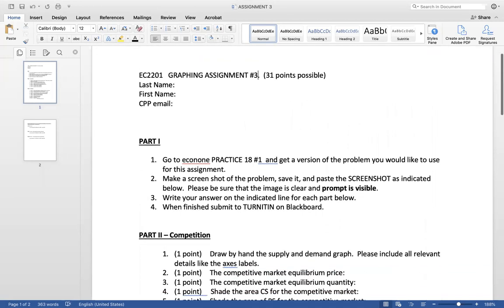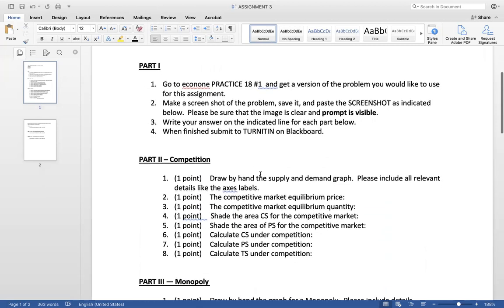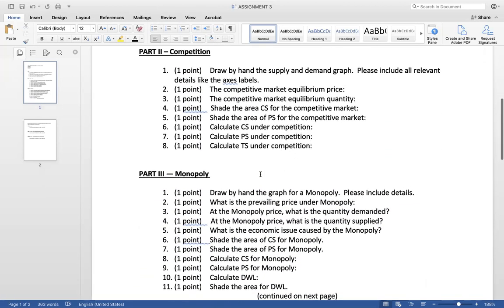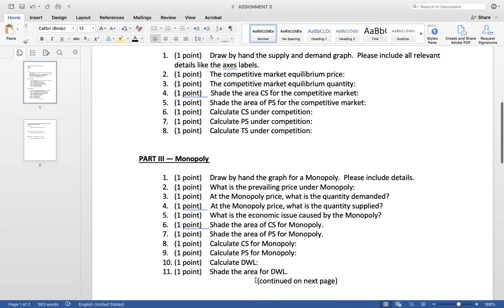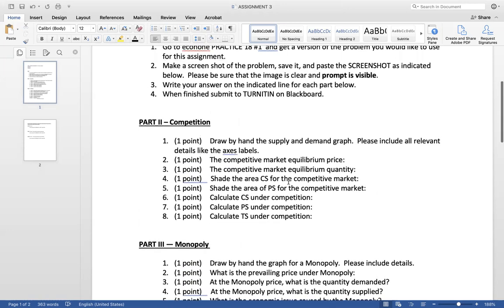So for our purposes, it's worth 31 points, and it's based on practice 18, number 1. That's the monopoly, and basically all it's asking you to do is look at the monopoly problem and calculate the consumer and producer surplus, the total surplus, and the deadweight loss for the monopoly, but compare it to an identical version of the problem.